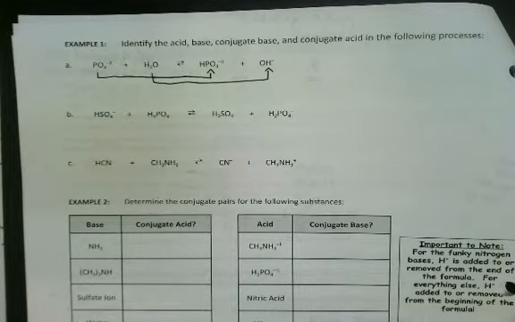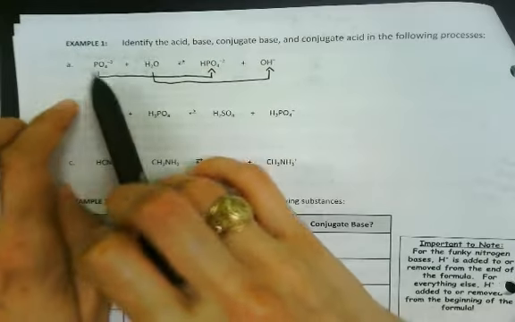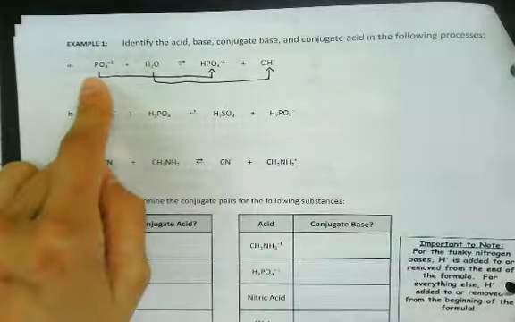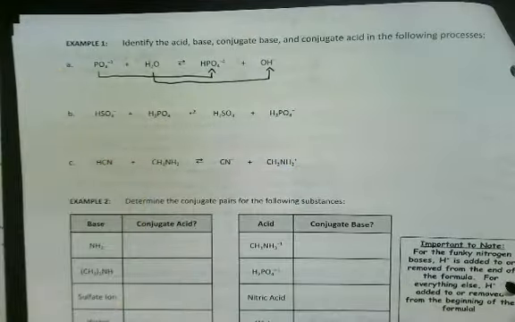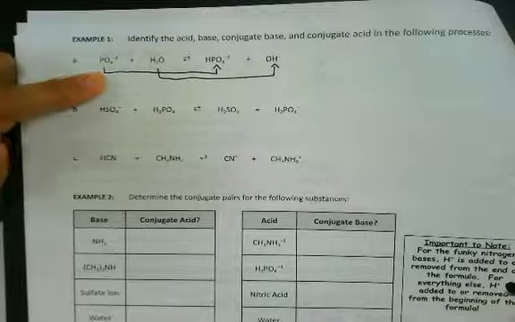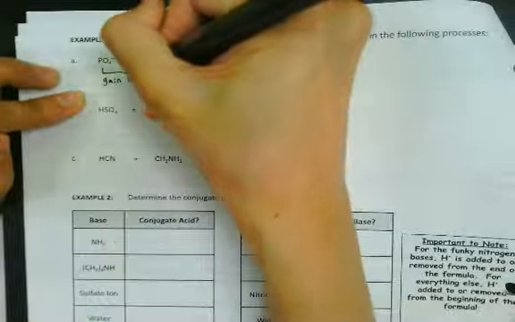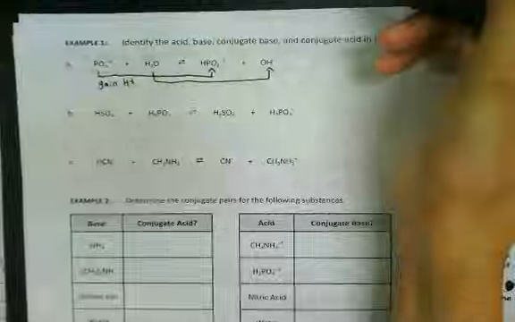Okay, y'all, let's go ahead and talk about these. So from PO4 negative 3 to HPO4 negative 2, what's happening? Are we losing or gaining a proton? Gaining, okay, right? We're gaining a proton.